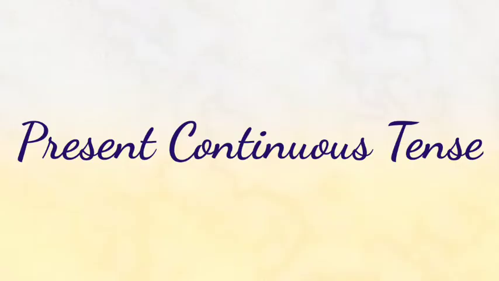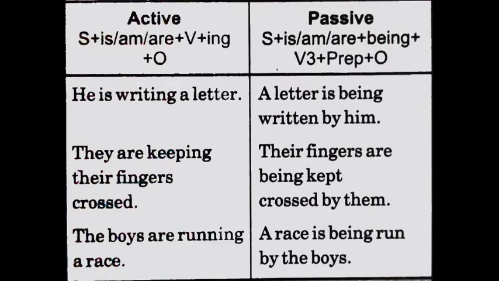Now we'll start with second, present continuous tense. Students, the rules are nearly similar. The present continuous tense had the form subject plus is, am, are plus the ing form of the verb plus object. And in the passive voice, what we'll do?